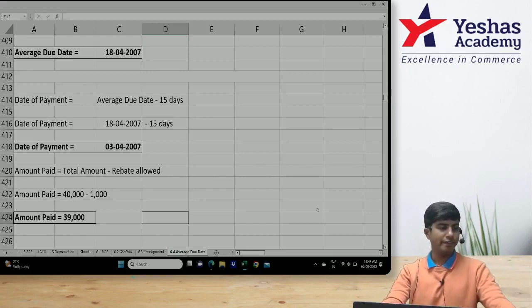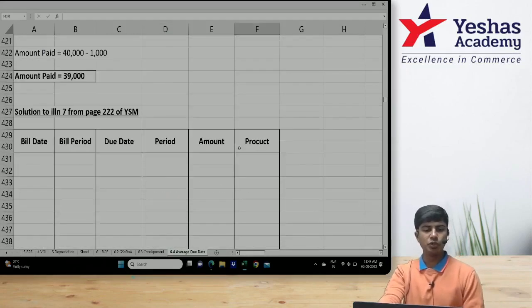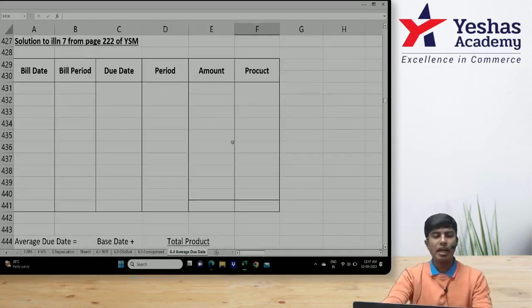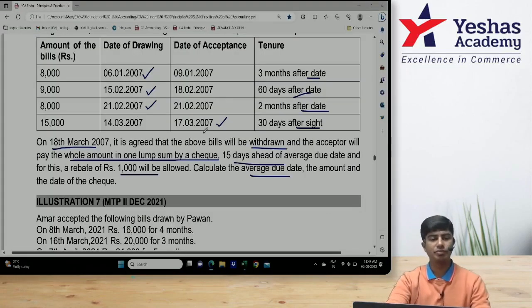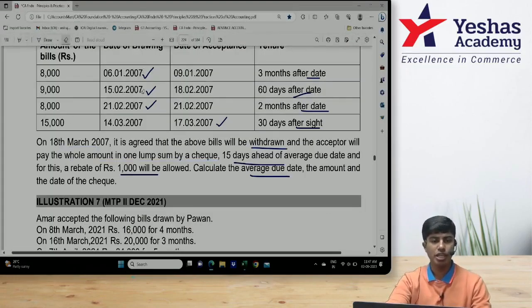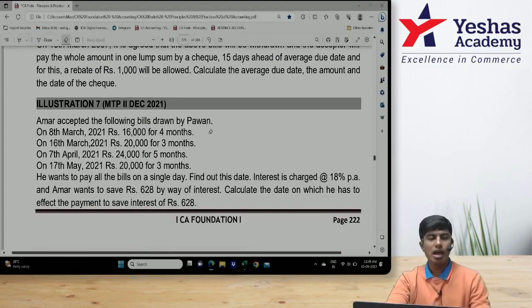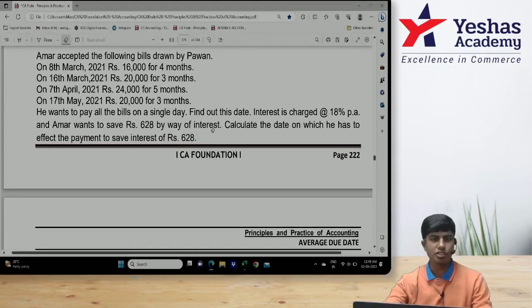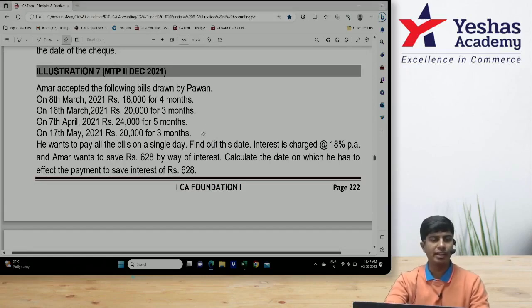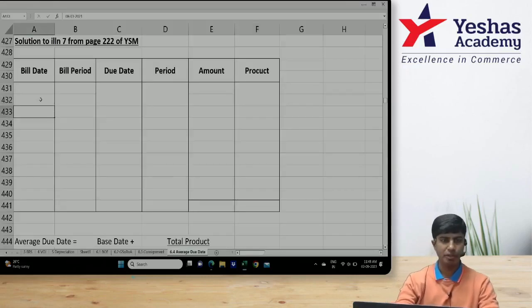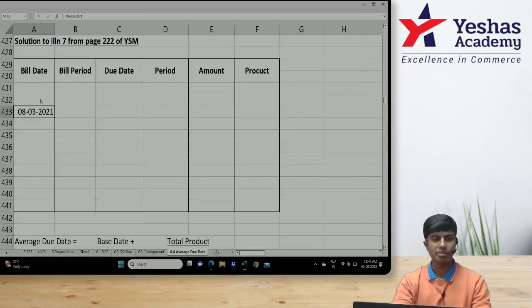I'll solve the next one. Have a look. Illustration number 7. I want some silence. Amar accepted the following bills drawn by Pawan. Bill date is 8th March.